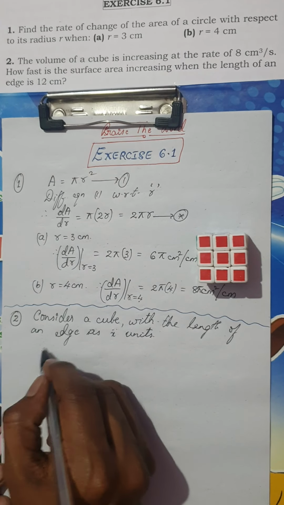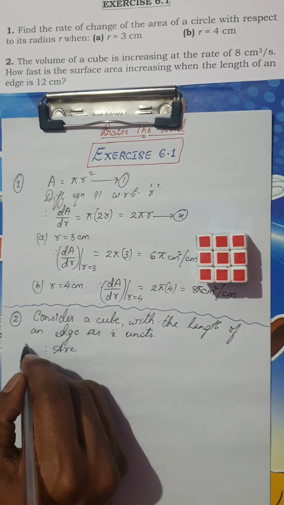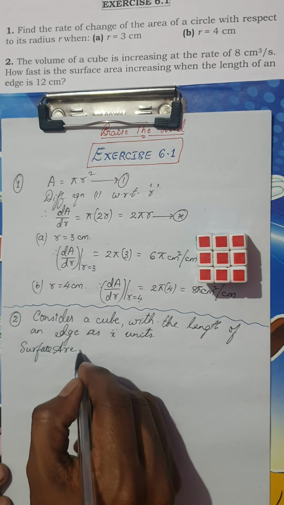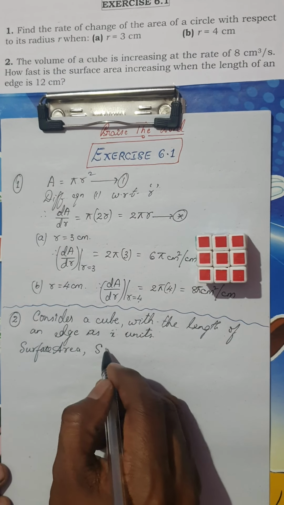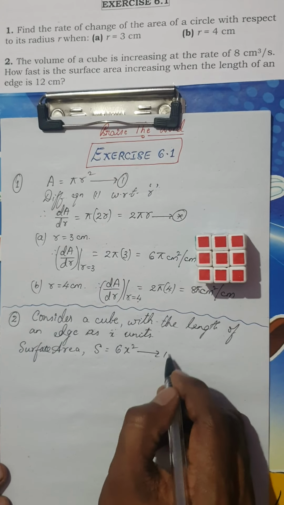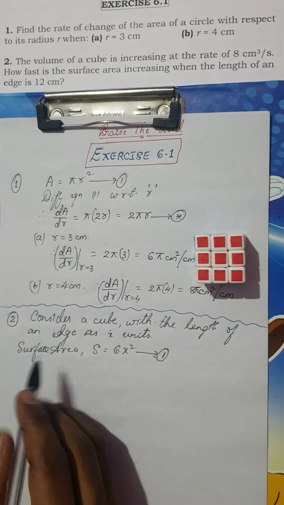Okay, therefore now what is the formula for surface area? What is the formula for surface area? Surface area S is equal to 6x square. Remember, we have already solved this question. The surface area of the cube is 6x square.